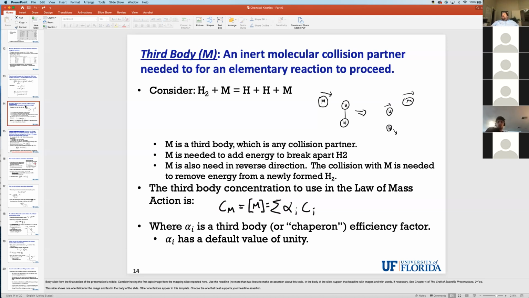The theory predicts 1 for the efficiency factor. So say you're doing hydrogen oxygen combustion with aluminum, and because aluminum can burn with, say, water vapor, it's a pretty common thing that you would want to take a hydrogen combustion mechanism and add in the aluminum reactions.